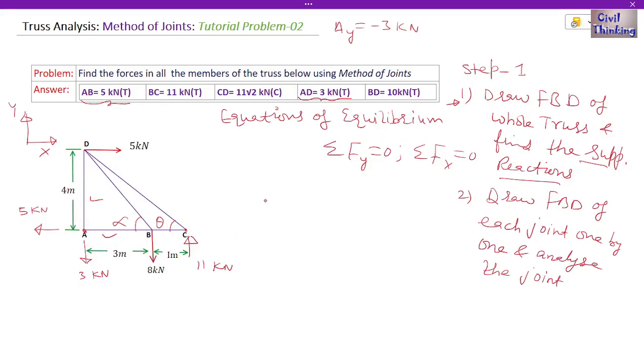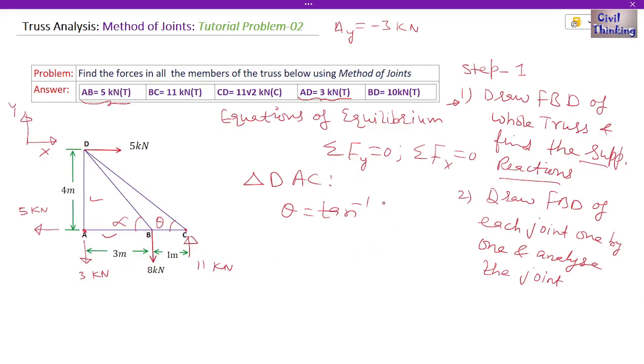So we'll apply the tangent in the right angle triangle, this DAC, right? Theta is going to be tan inverse of what? Theta is equal to perpendicular, which is 4, divided by base, which is 3 plus 1, right?